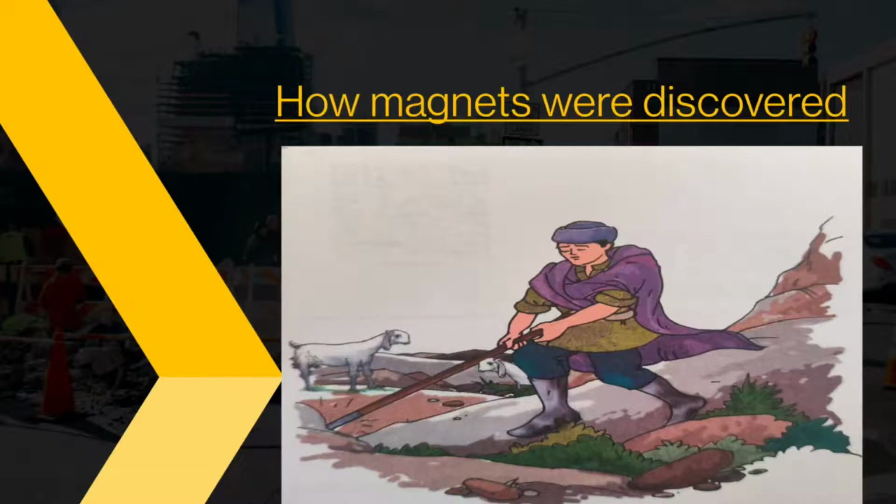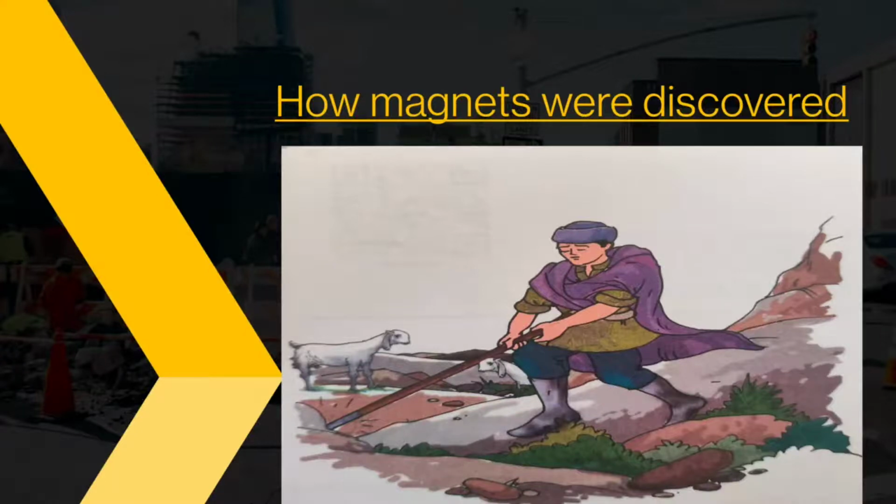First of all, what is a magnet? The substance having the property of attracting iron is known as a magnet. So slowly and gradually people discovered that certain rocks have the property of attracting iron pieces.